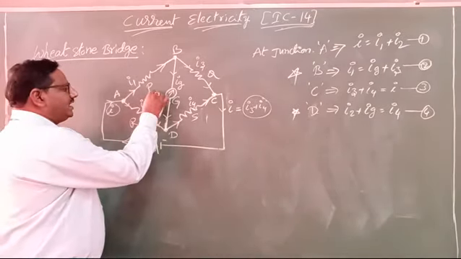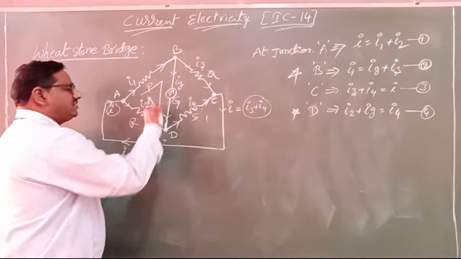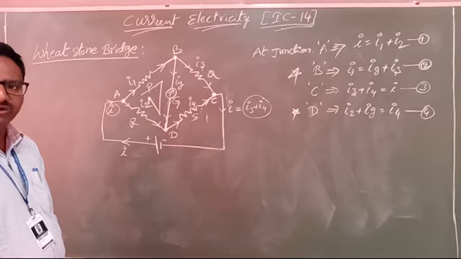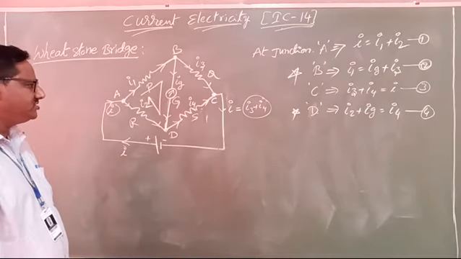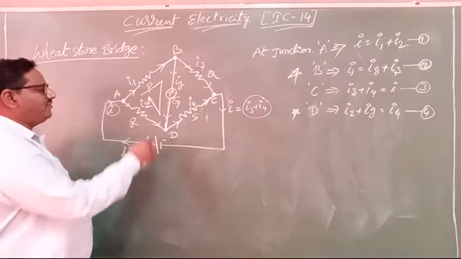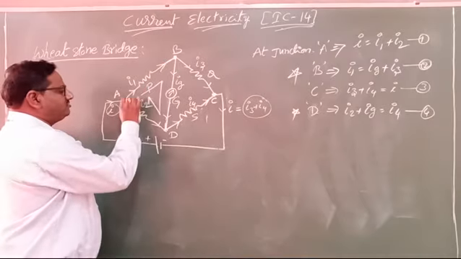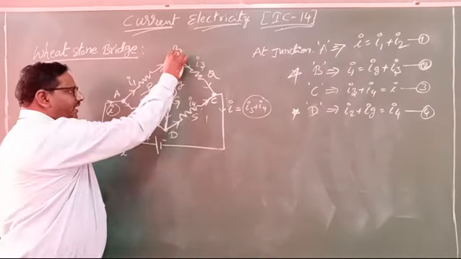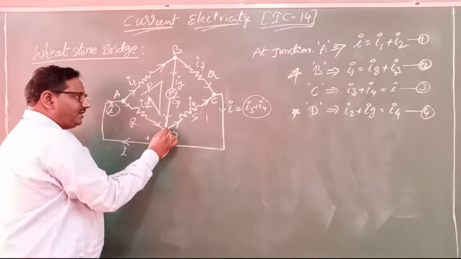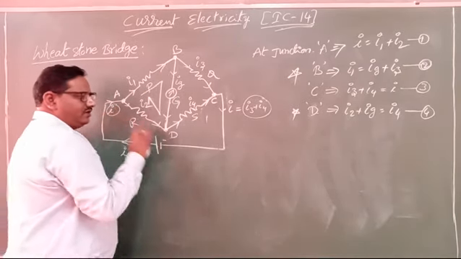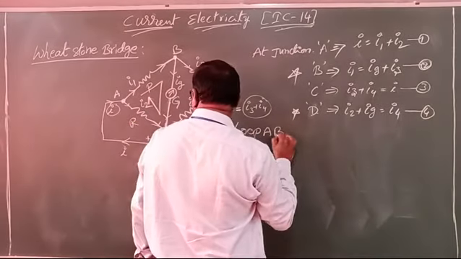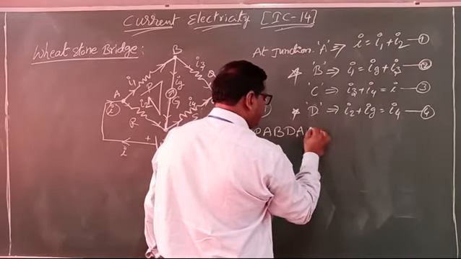Now apply Kirchhoff's second rule. What is Kirchhoff's second rule? The algebraic sum of potentials in a closed loop is equal to 0. Here we will consider one closed loop. We will start from A to B, B to D, D to A. So I will consider the loop ABDA.